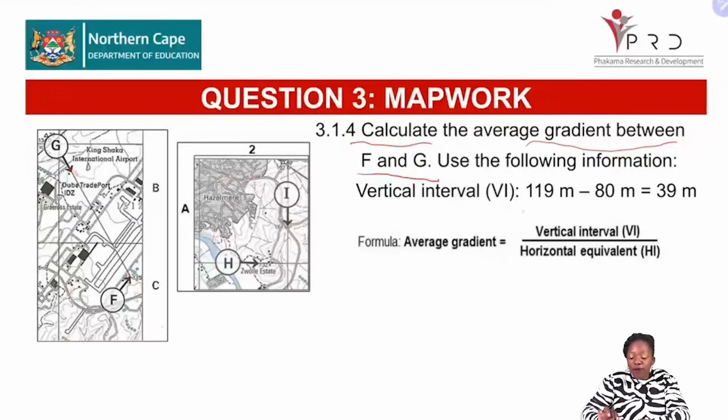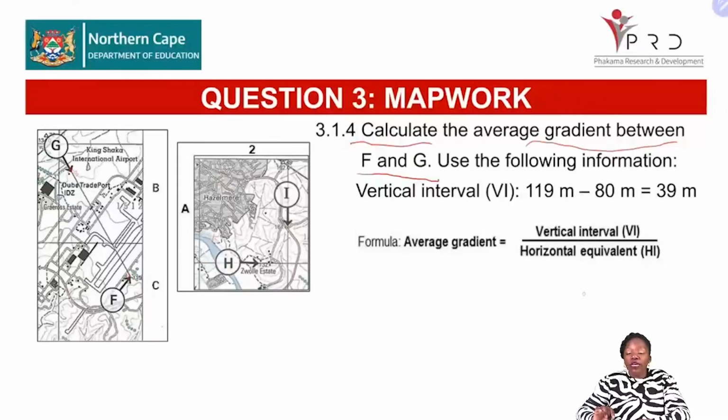Vertical interval, which is the VI, is 119 meters minus 80 meters, which is 39 meters.